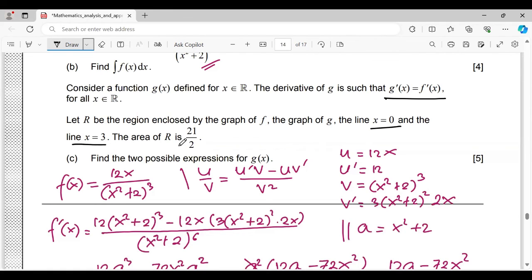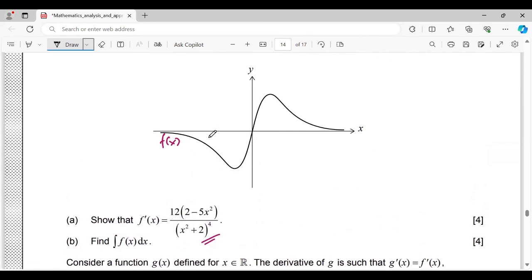The area of R is 21/2. Line x equals 0 here, and 3 probably around here. So we are going to calculate this area.